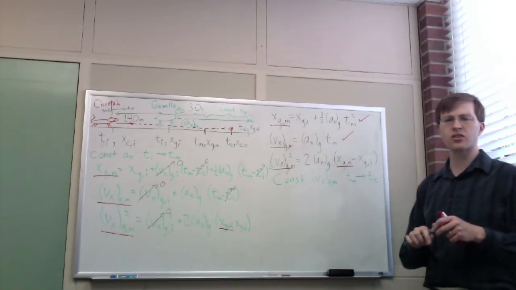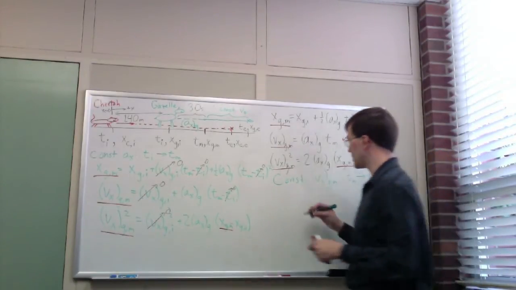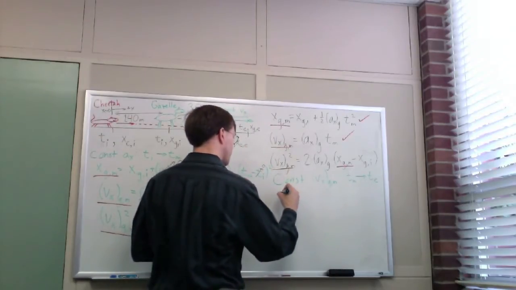And for constant velocity, there's only one equation that we ever use, and that is the final position.